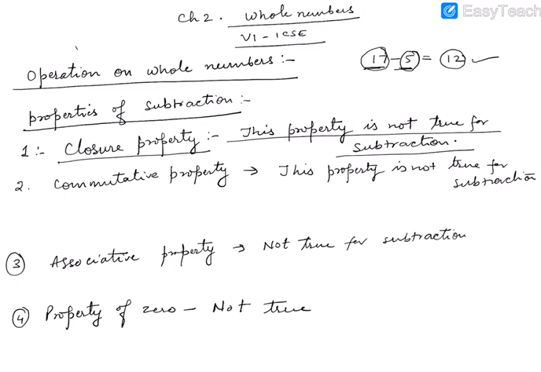But in some cases you will not get the result as a whole number. Like if I write 5 minus 6, 5 is a whole number, 6 is also a whole number. When you subtract 5 and 6, the result will be minus 1, and minus 1 is not a whole number.